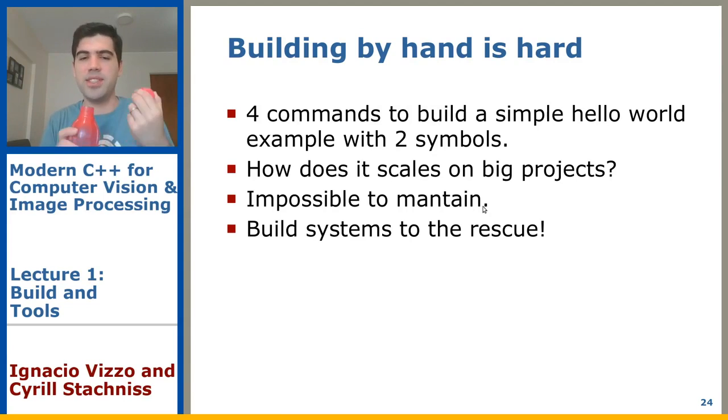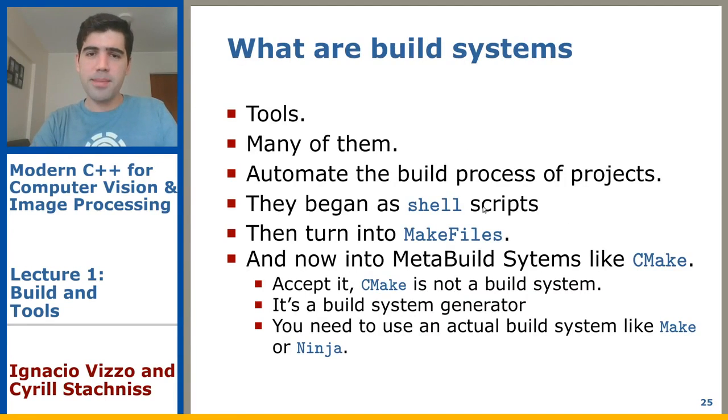And then how does this scale on big projects? It's basically impossible to maintain because you cannot run 50,000 commands for all your libraries. And that's why humans invented build systems. What are build systems? Just more tools, right? There are many of them, like way too many probably, especially for C++. And the idea behind this is that they will automate the build process of your projects.